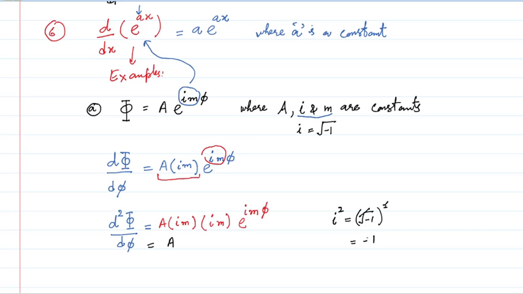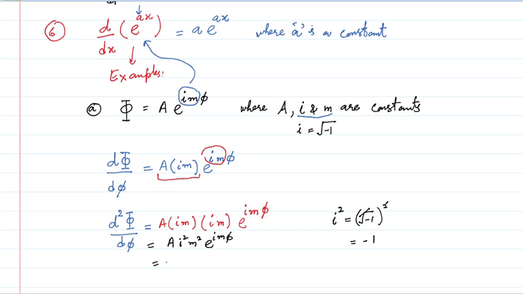So instead of writing iota square, for the first step I write iota square m square e raised power iota m phi.